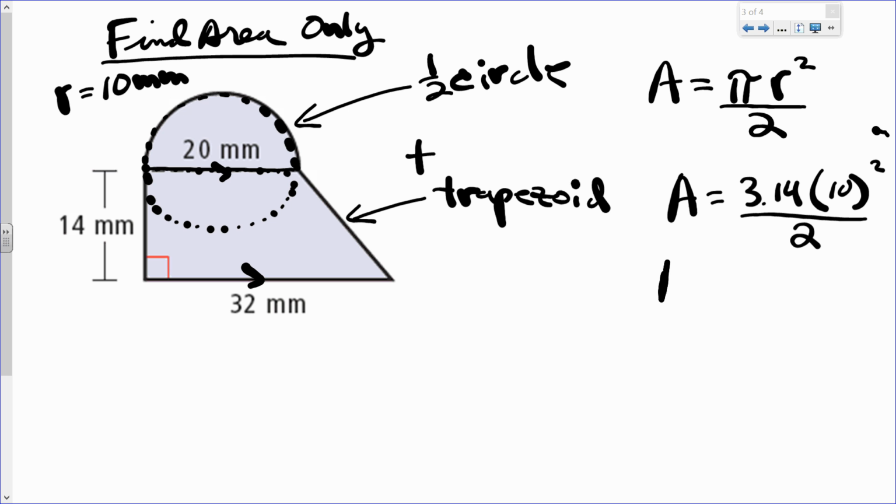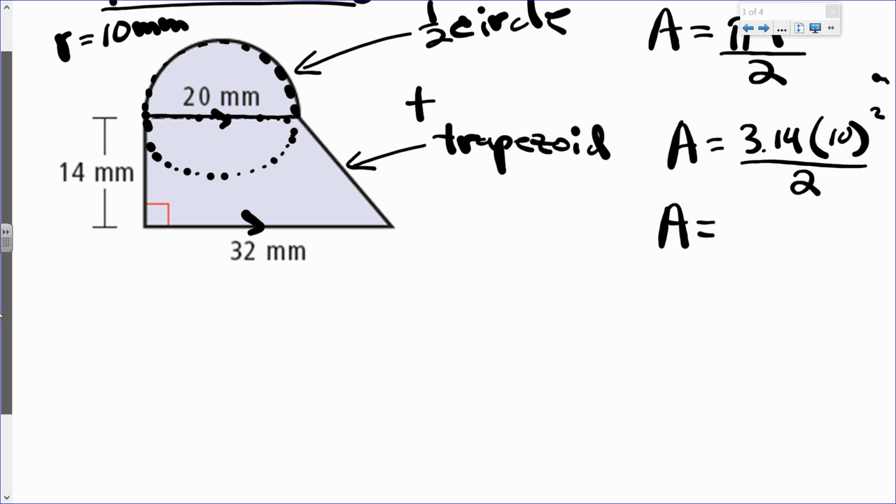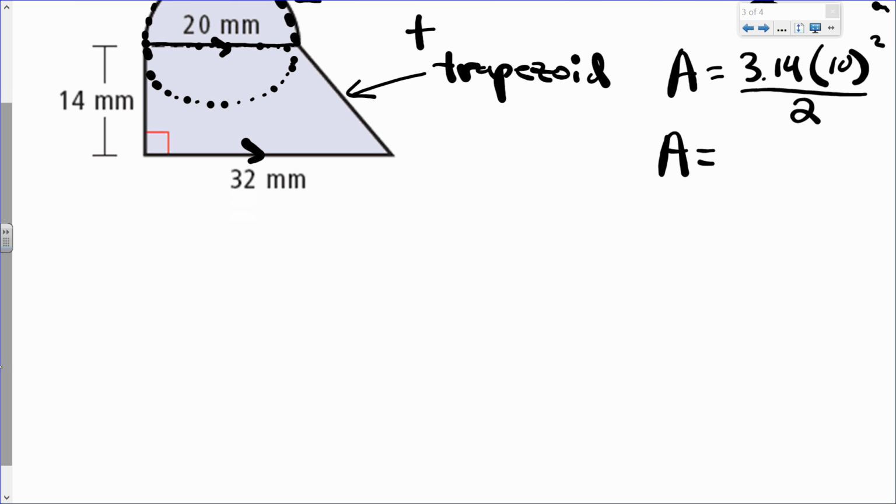So the area then is, remember, do exponents first. You don't multiply first, you do the exponent first. 10 to the second power does not mean 10 times 2. It means 10 times itself. 10 times 10, which is going to be 100, huh? So this is 3.14 times 100 divided by 2.